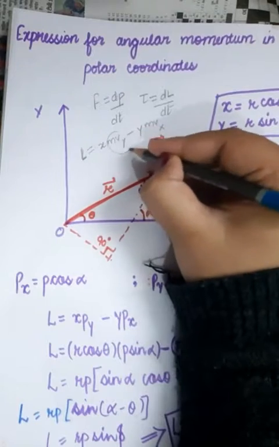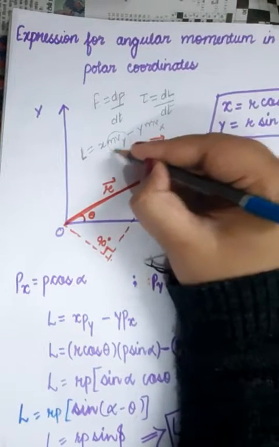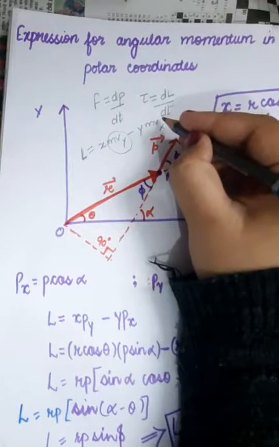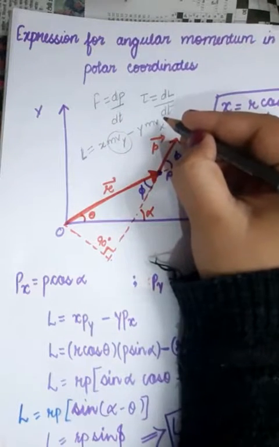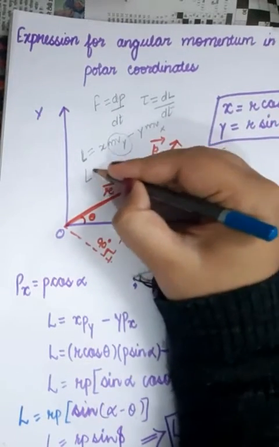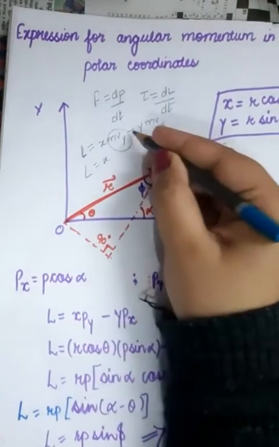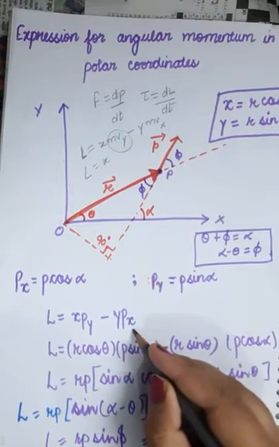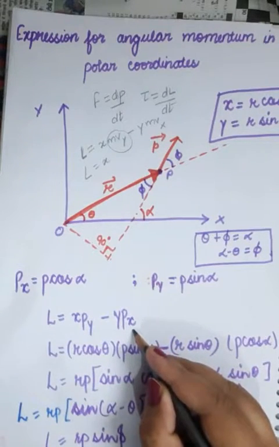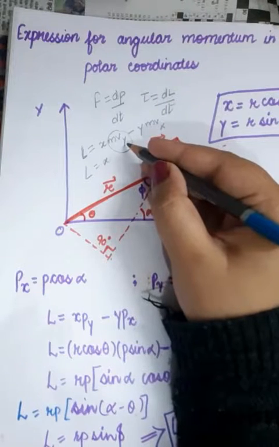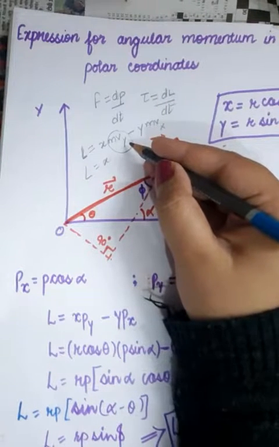And we know that mvy is the linear momentum in y direction, mvx is the linear momentum in x direction. So this becomes L equals x py minus y px. In this video, we will convert this expression of angular momentum into polar coordinates.